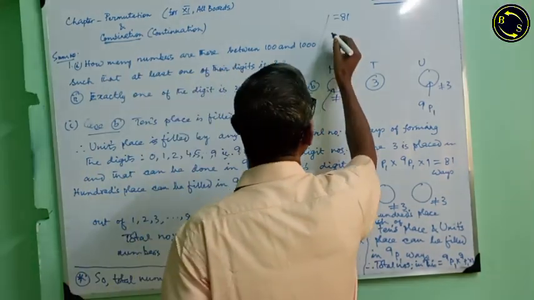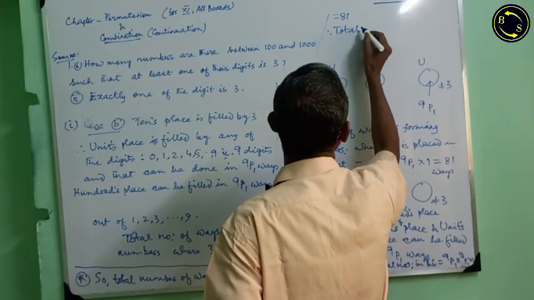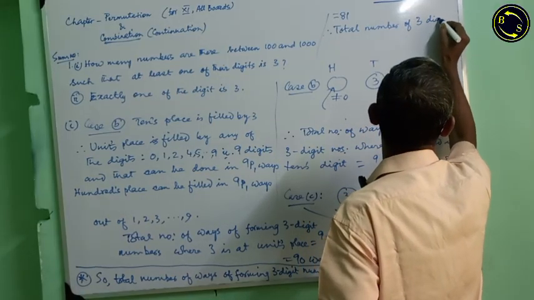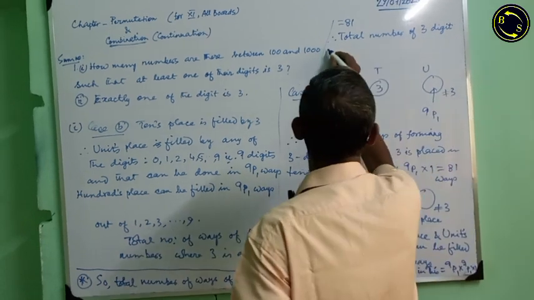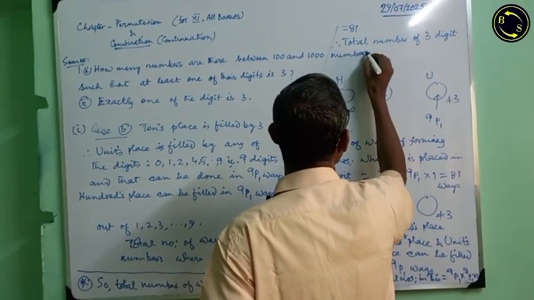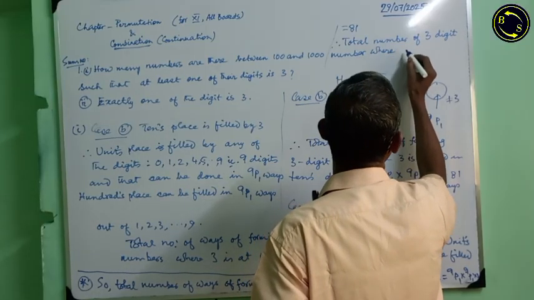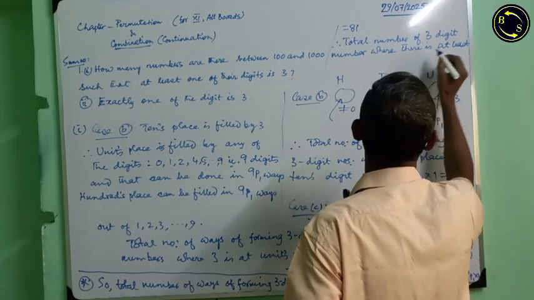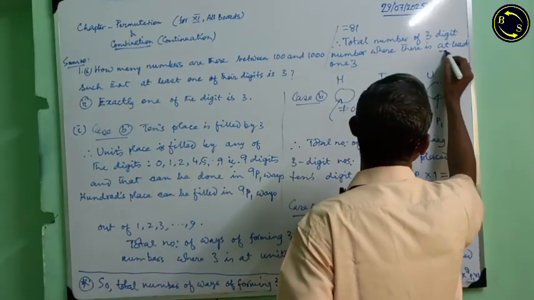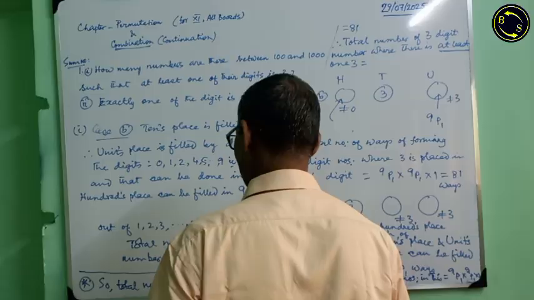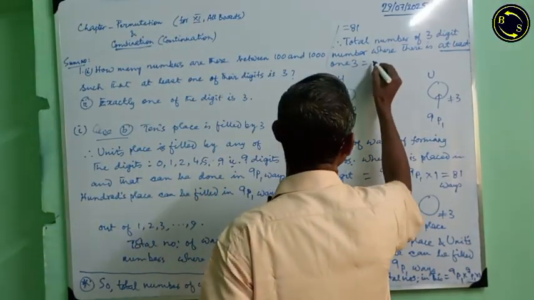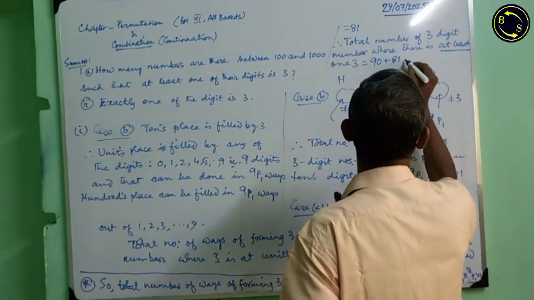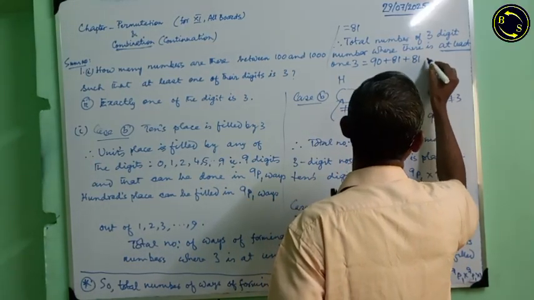Therefore, the total number of 3-digit numbers where there is at least one 3 is equal to, in the first case we got 90, in the second case we got 81, in the third case we got also 81.